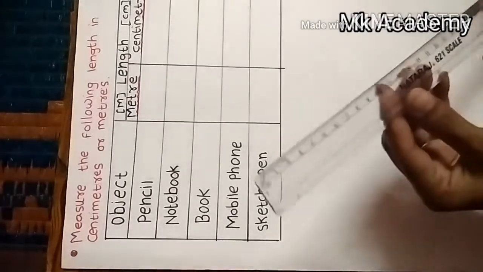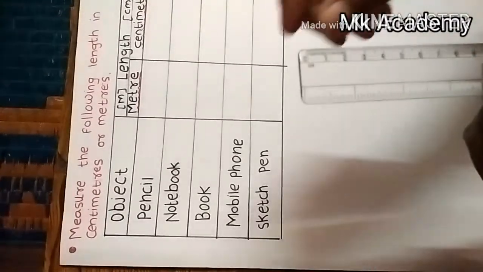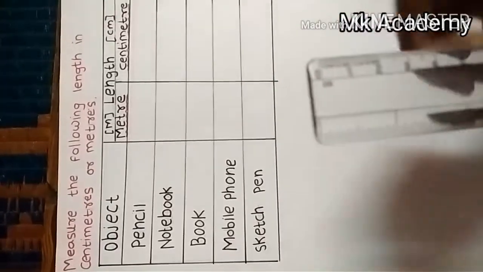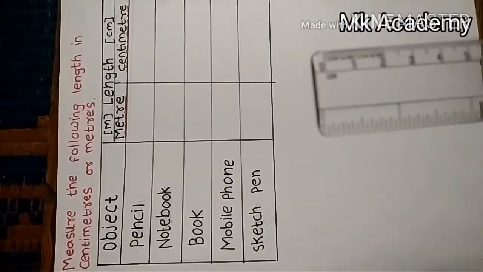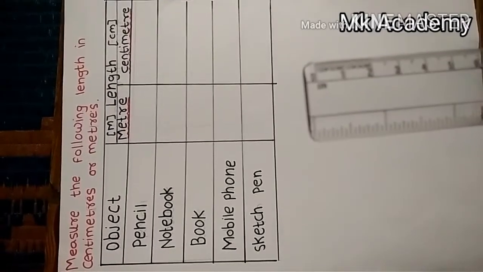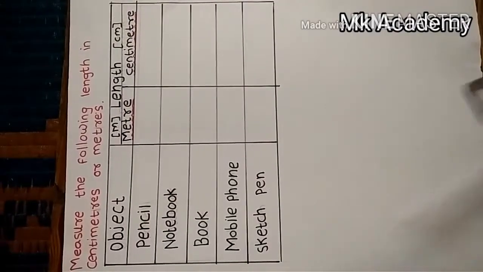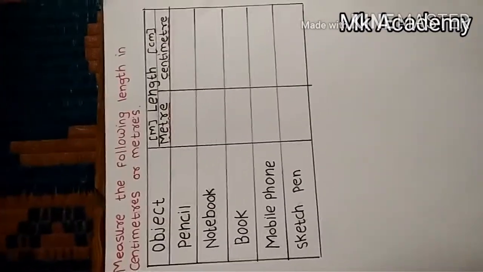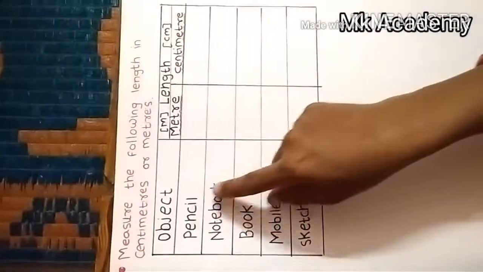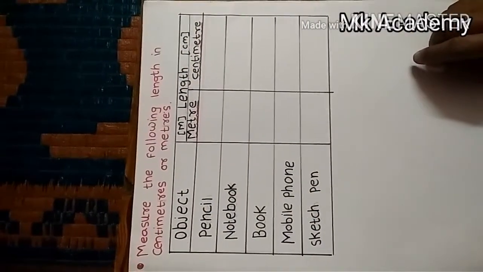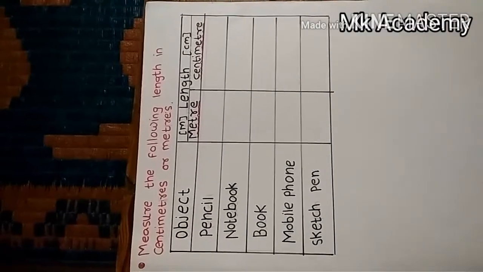Now see this ruler. On this ruler we have this mark, here written cm. Cm means centimeter. This is a measuring unit of length for measurement of small lengths. Now we measure the following lengths using meter and centimeter. We are given objects and we have to measure the length of each object by using the ruler.